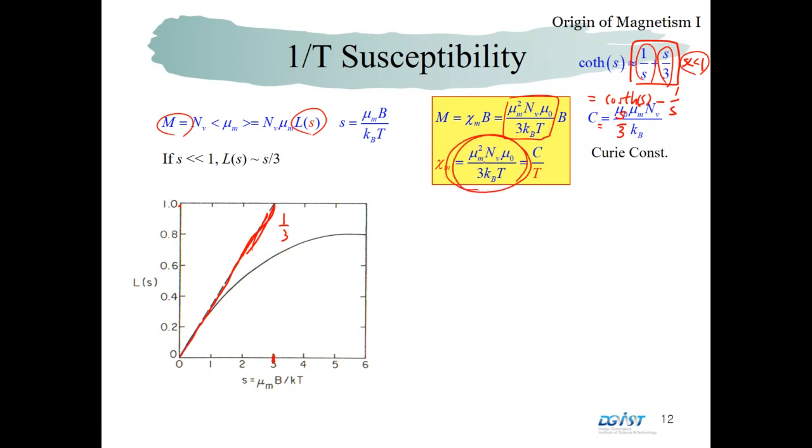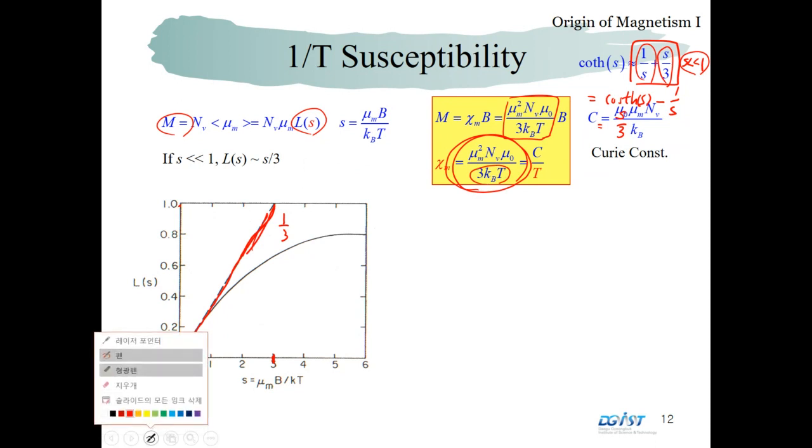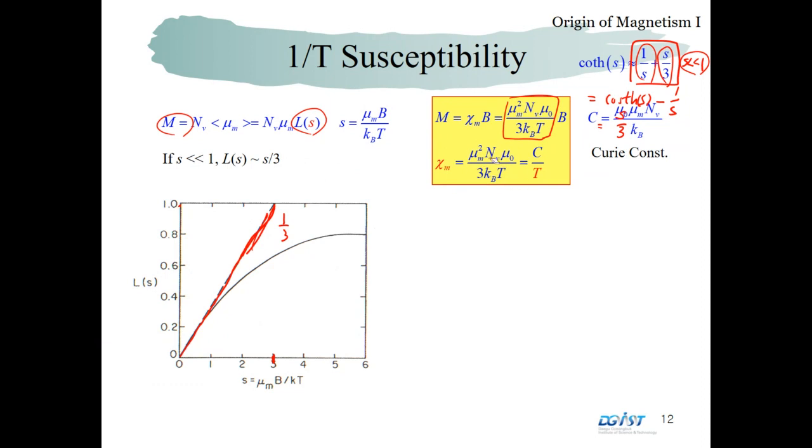Here, the m is the magnetic moment of each atom, and the number of moments, and the permeability of the vacuum. And this k_B T means the susceptibility of the paramagnetic material has an inverse proportionality to the temperature.